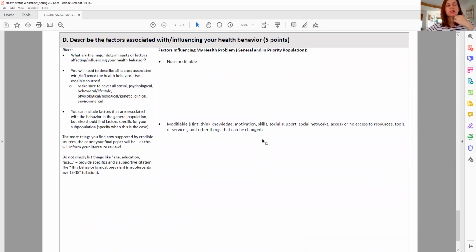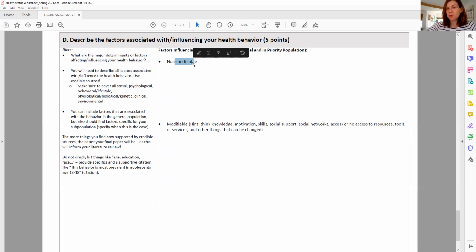Now we're in the last section. Describe factors associated with or that influence your health behavior. We have this divided by modifiable and non-modifiable. Non-modifiable are things that we can't change. Our age, our race, ethnicity, our socioeconomic status, that can change, but not through health programming very easily, right?